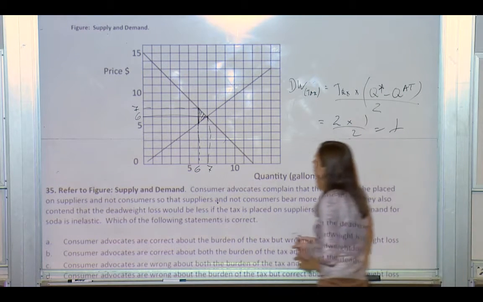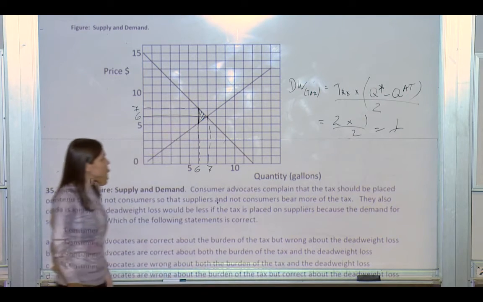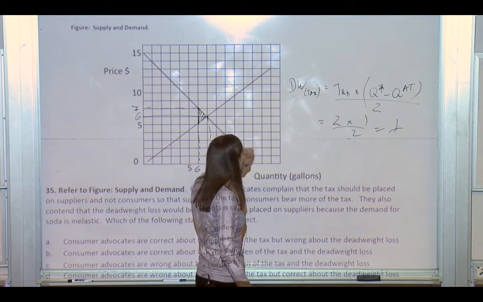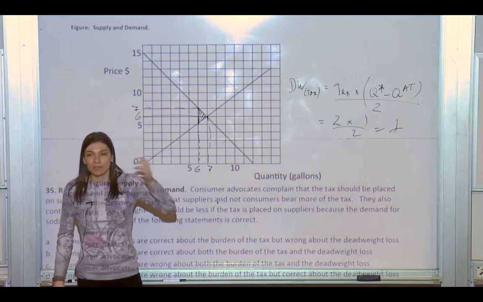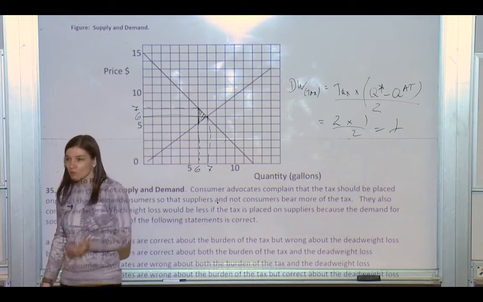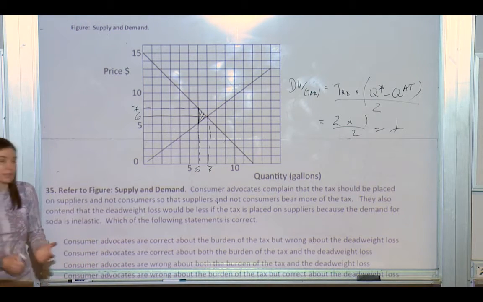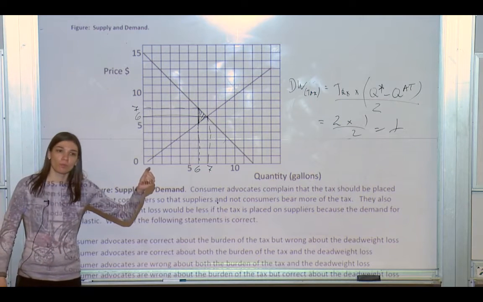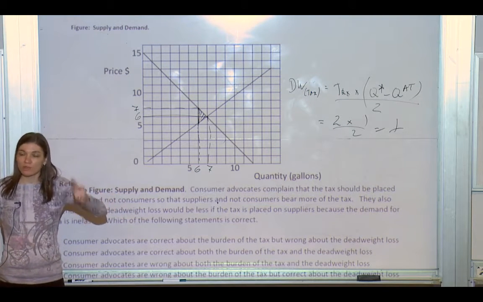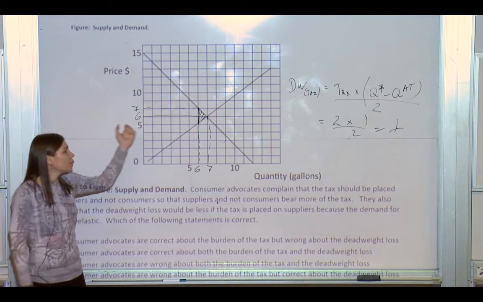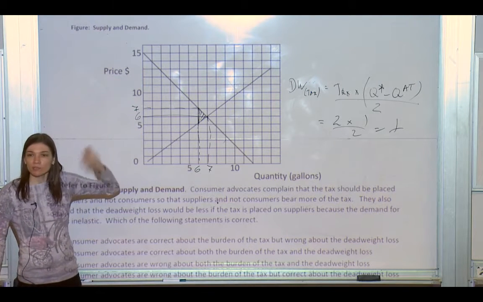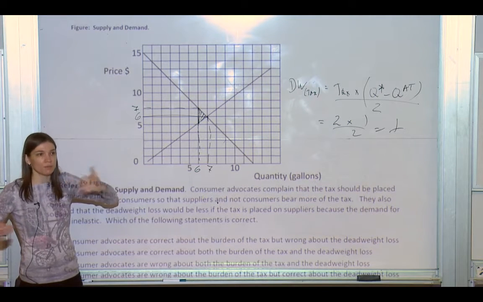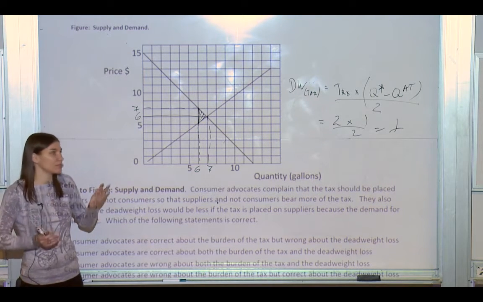Here, when I found the deadweight loss, the deadweight loss is going to be the same. Again, doesn't matter who you tax. It does depend on the elasticities, but it doesn't depend on who pays the tax. Because even if I charge buyers, the relative elasticities of those curves are not going to change, right? The tax payment happens after the market, basically.